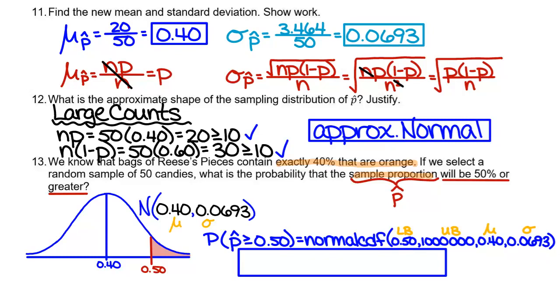What did you get? I got 0.0745. I love it. 0.0745.